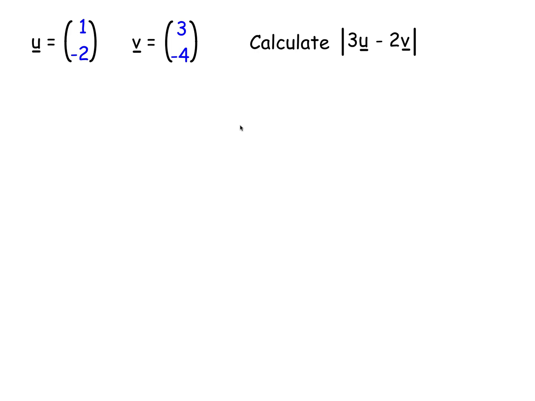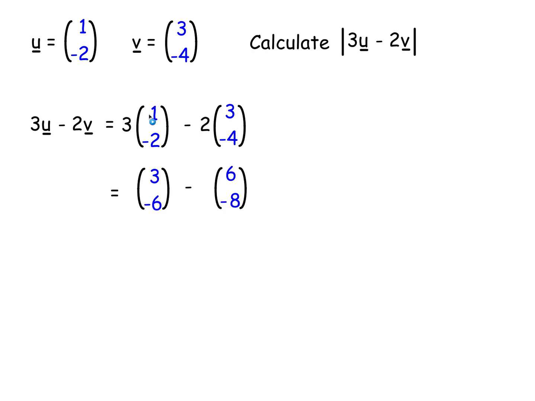So this finishes it by bringing it all together. Everything you've seen is just to get to do this kind of question. Calculate the magnitude of 3u minus 2v. So what you do is you work out 3u minus 2v first. That is 3 times what u is, 2 times what v is, and then subtract.